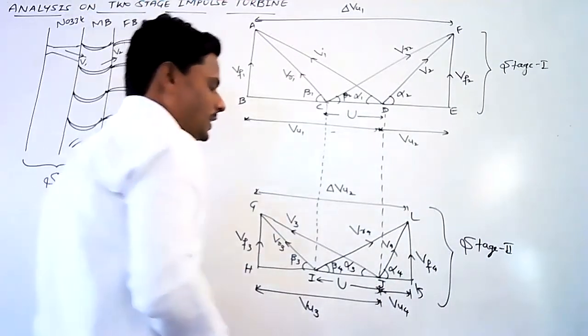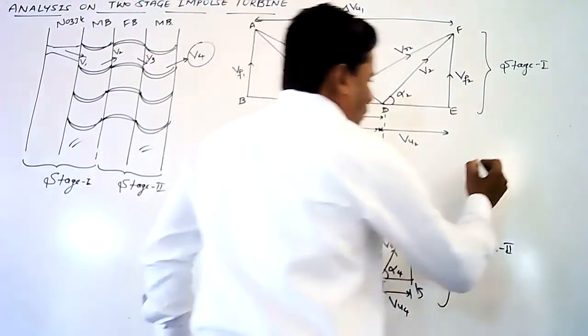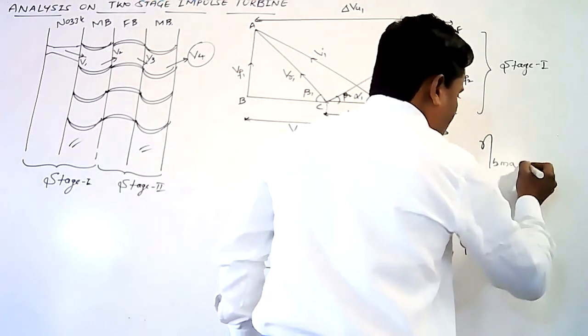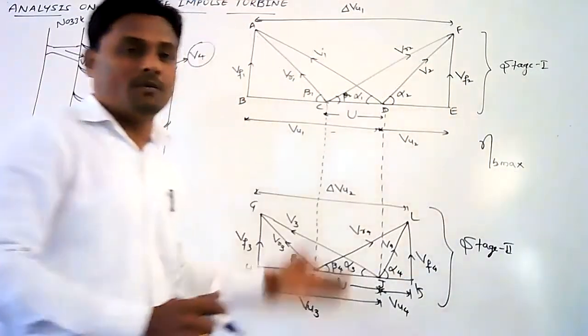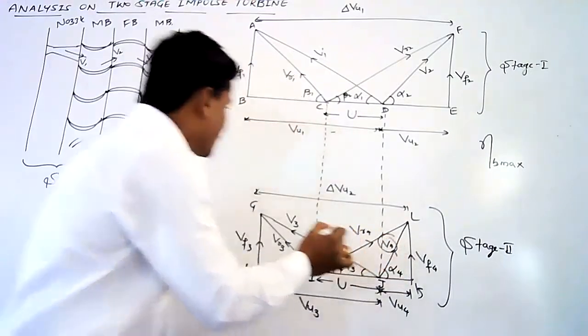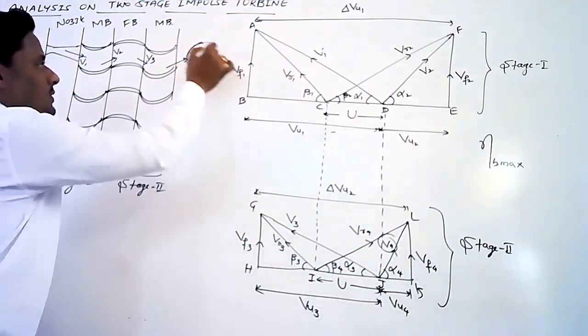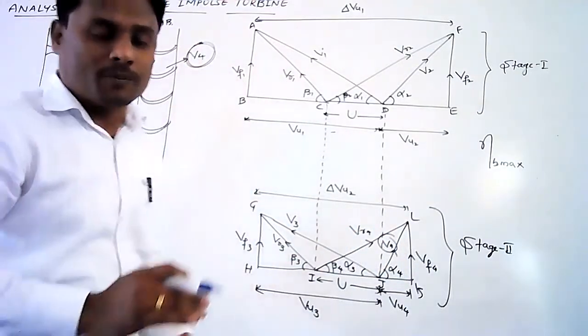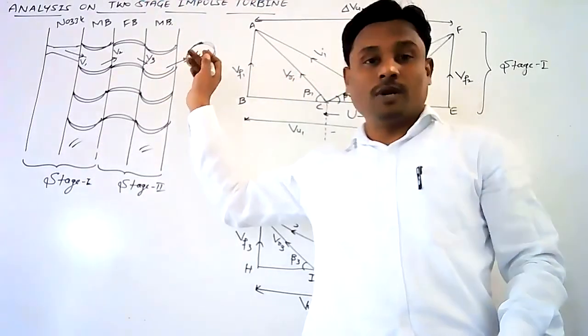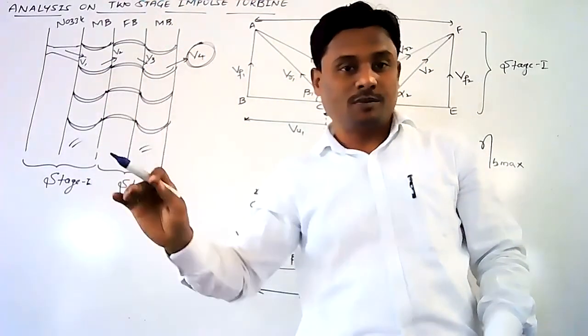Now here, if we want to get the maximum blade efficiency, if we want to get the maximum work obtained from both the stages, the last velocity V4 should be minimum. If we have the velocity V4 equal to 0, then what does it mean?